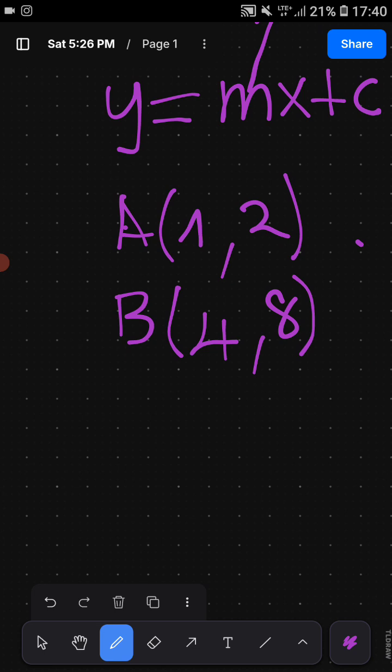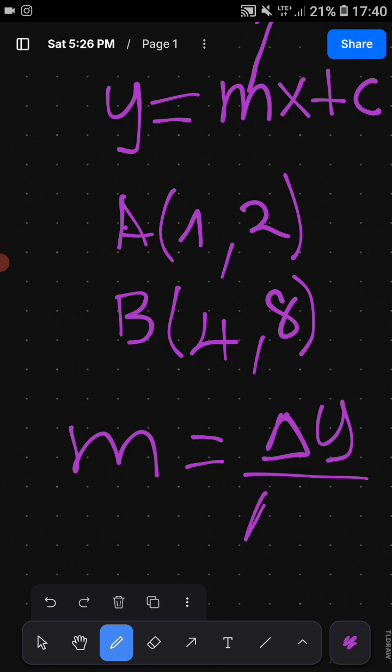Now our gradient is given by m equals delta y on change in x.